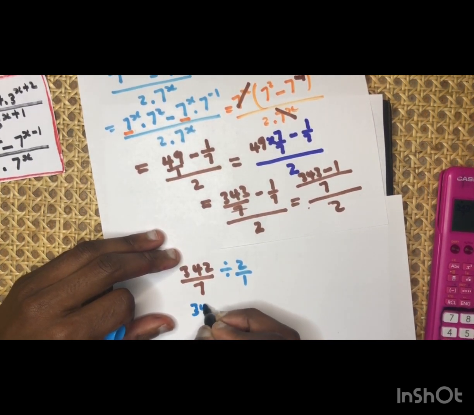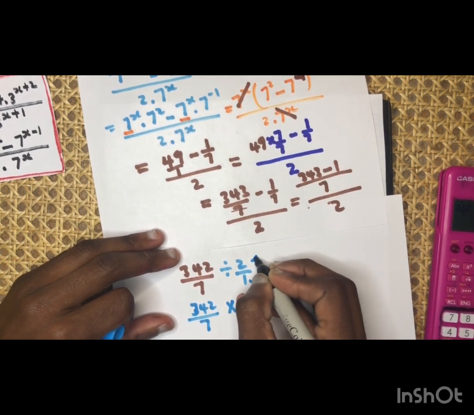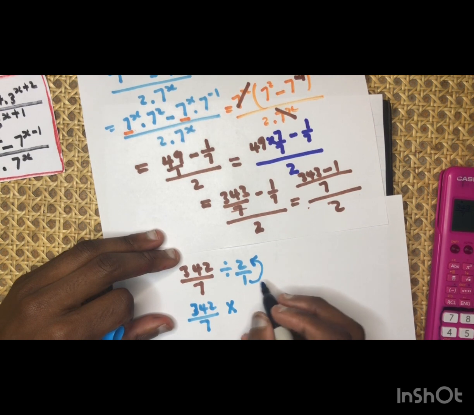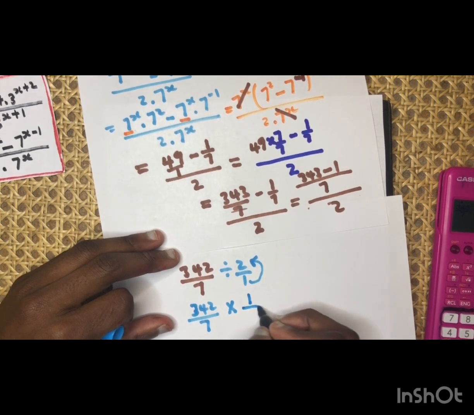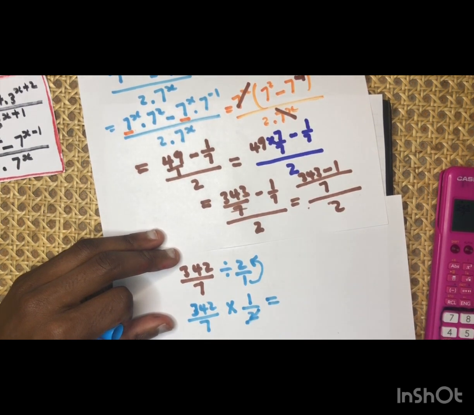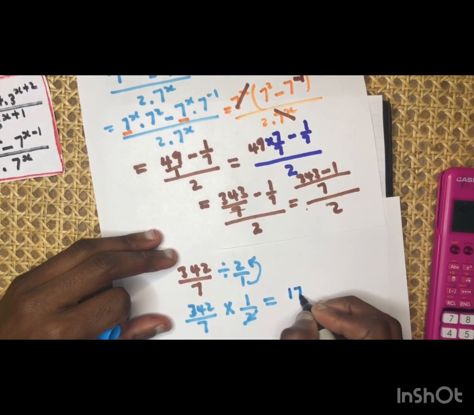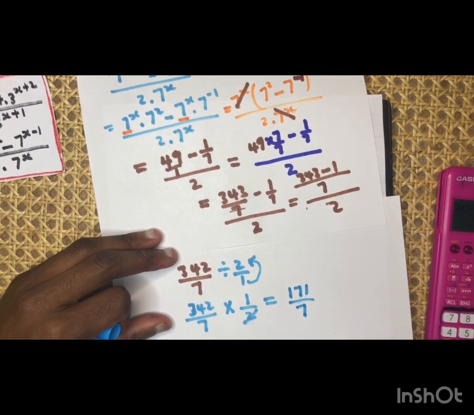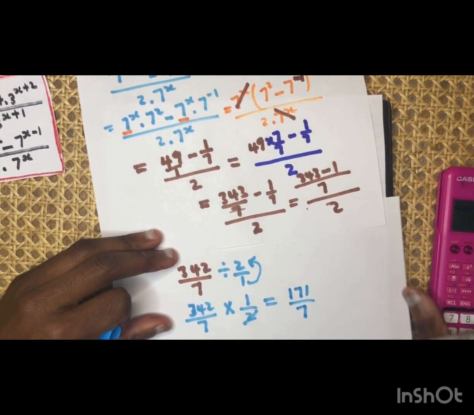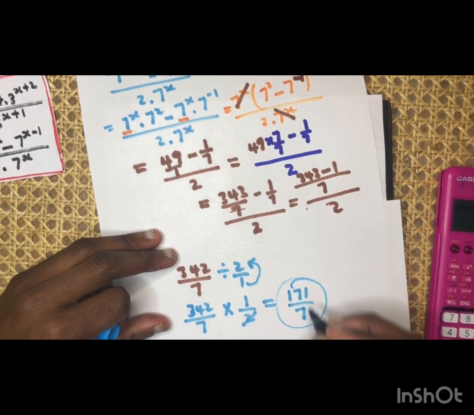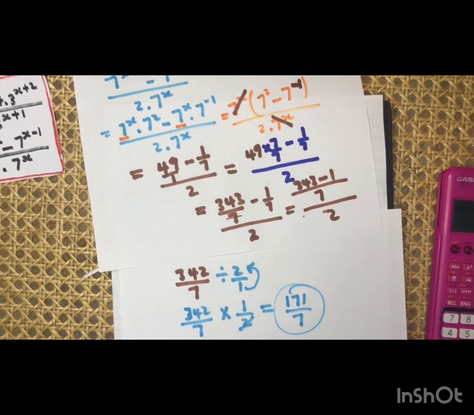So I'm going to have 342 divided by 7 times the numerator becomes the denominator, the denominator becomes the numerator. So 2 goes into 342, we're going to get 171 over 7. So this is your final answer, 171 over 7.